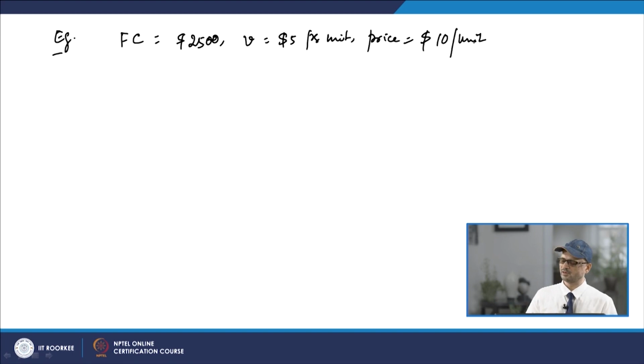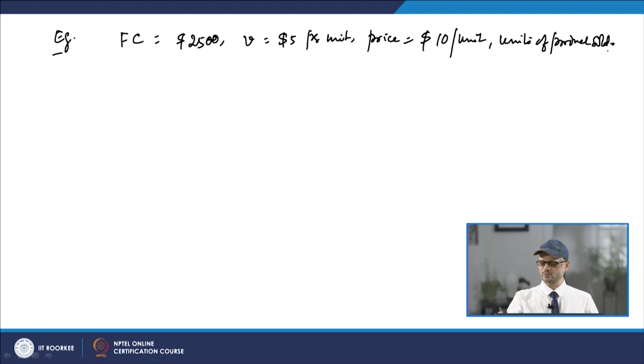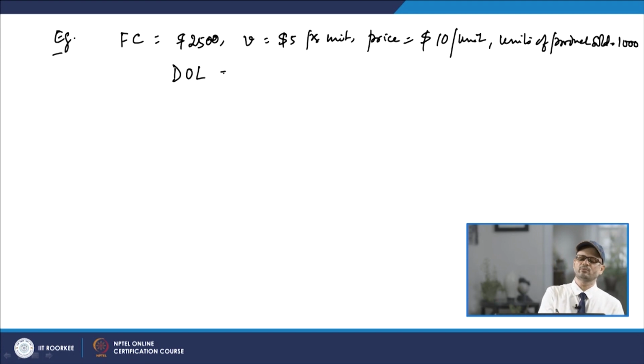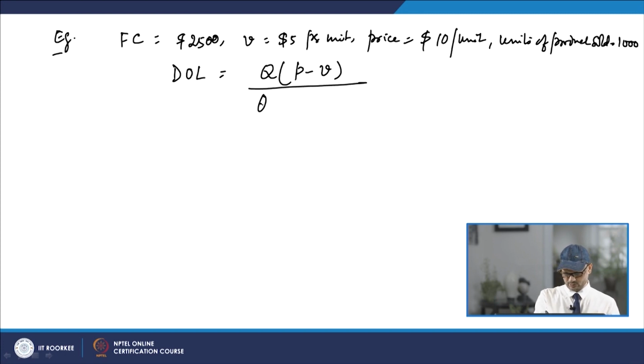Units of product sold are given as 1000. In this case, you are told to find the degree of operating leverage for that quantity of production. You have the expression for degree of operating leverage: Q into P minus V divided by Q into P minus V minus FC.